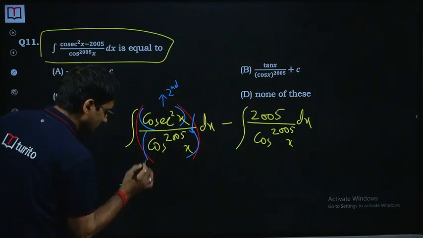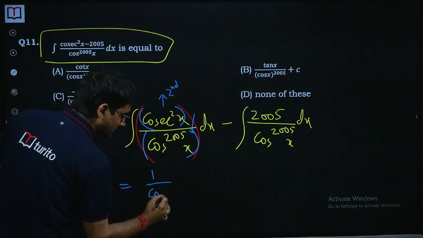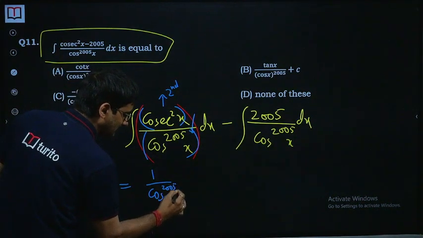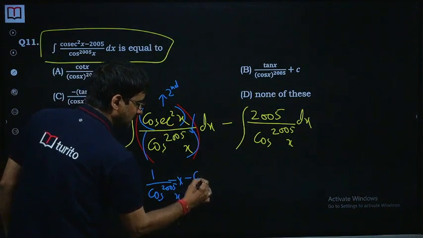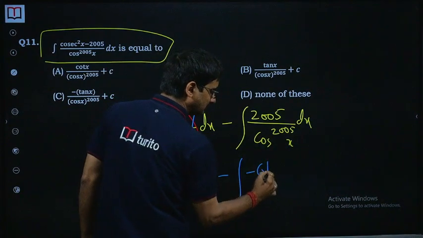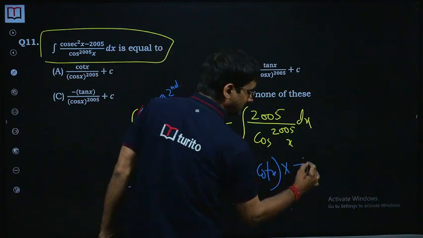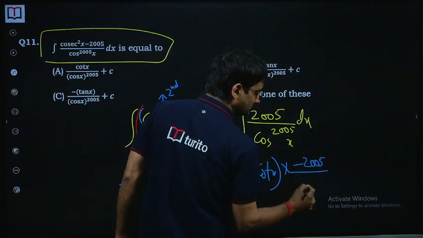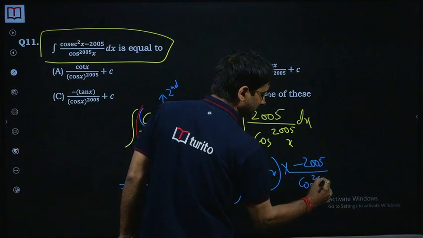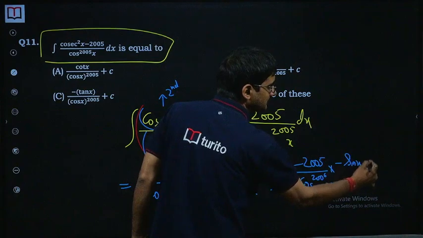So let's apply. So it's 1 upon cos 2005x into minus cot x, isn't it? Minus the integral. I integrated it first, and then its derivative will be, using the chain rule, minus 2005 cos 2006x into minus sin x dx.